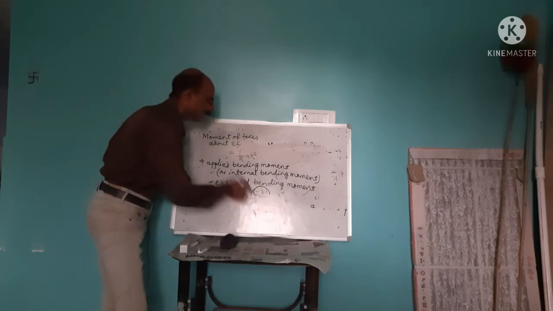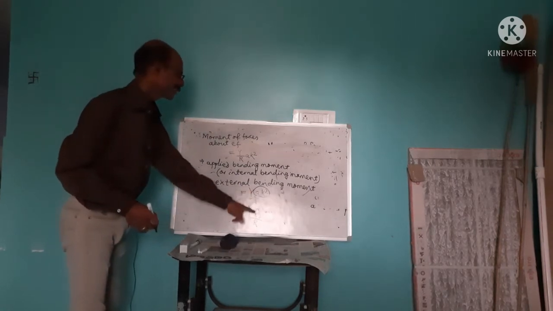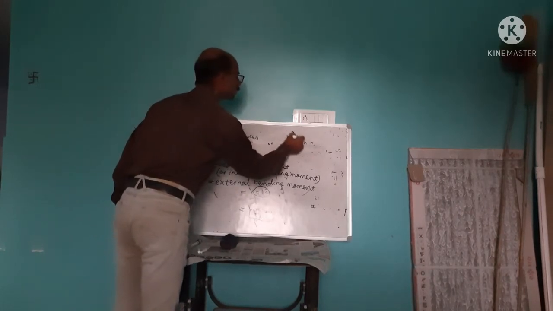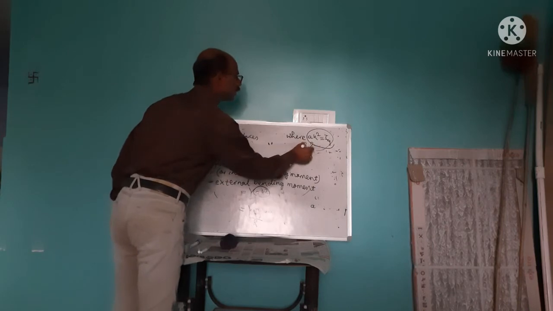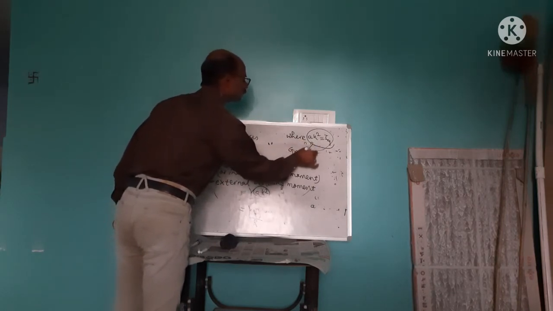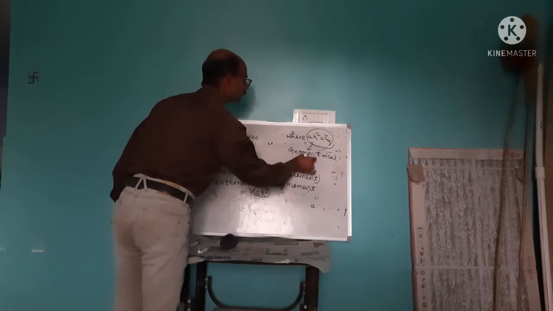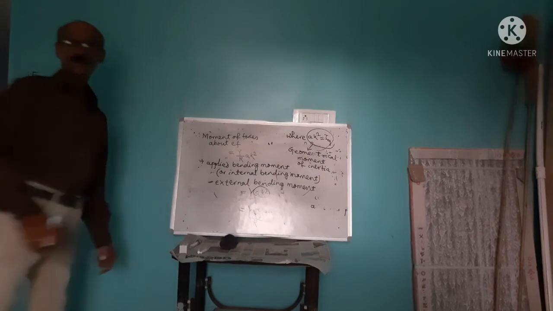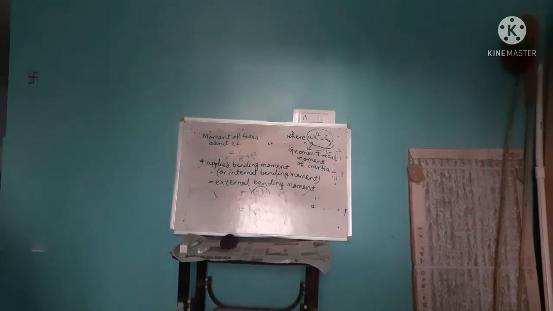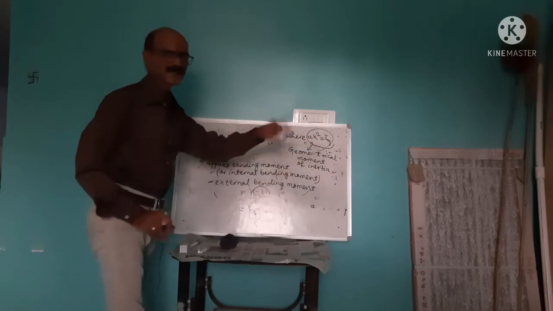But this A k square is represented by a letter I subscript G. A k square is replaced by I G, and this is called geometrical moment of inertia of section LMNT.